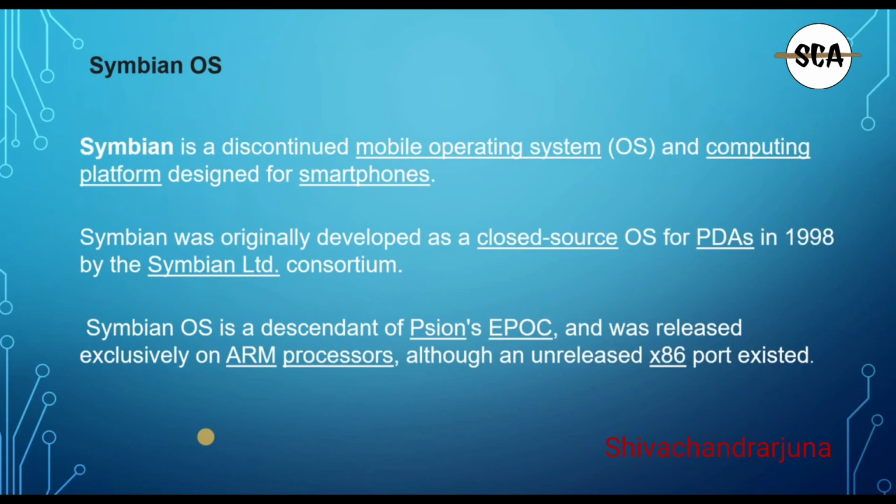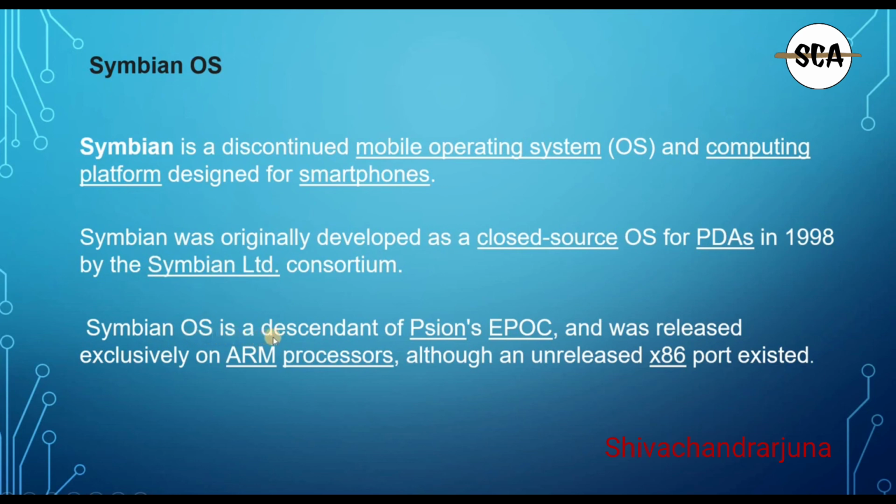Coming to the next operating system in mobile, Symbian OS. Symbian OS is now a discontinued mobile operating system and computing platform designed for smartphones. Symbian was originally developed as a closed source operating system for PDAs in 1998 by Symbian Limited.